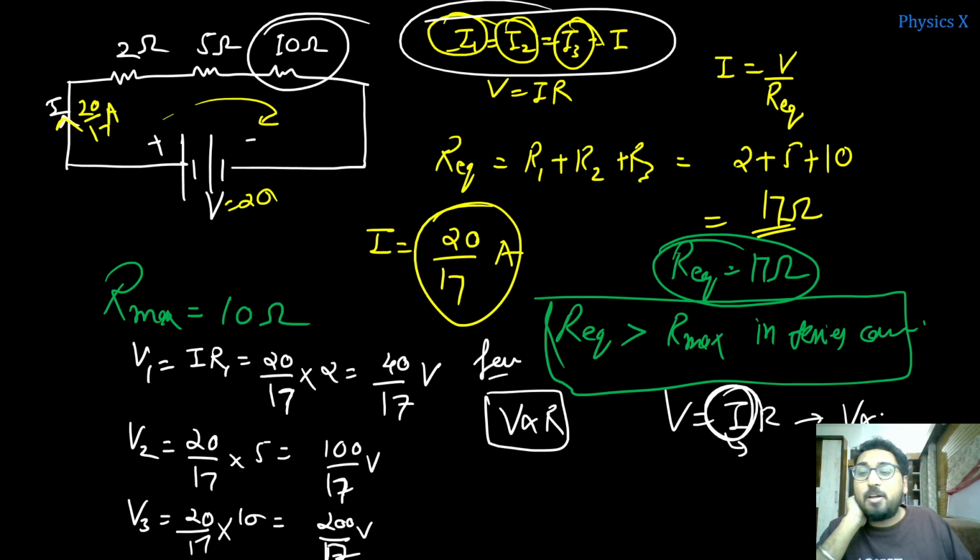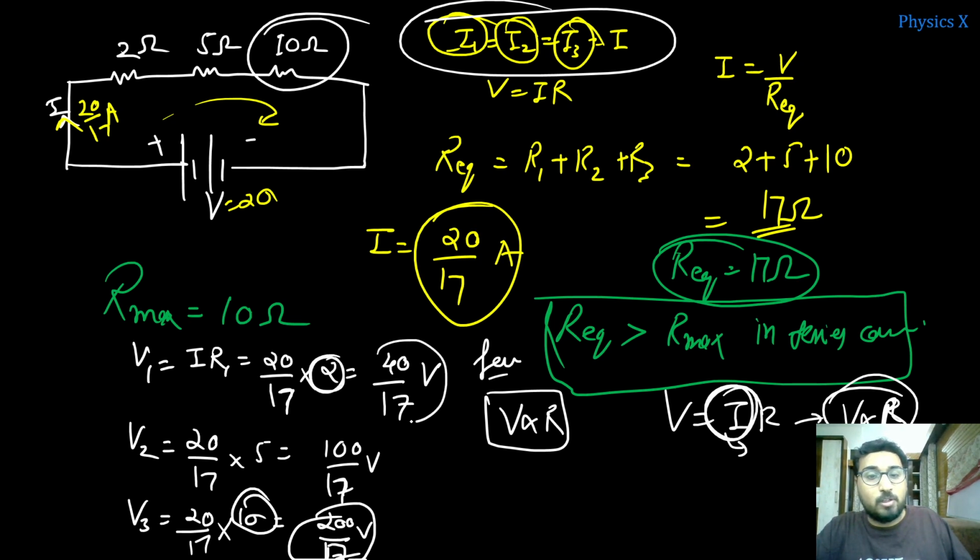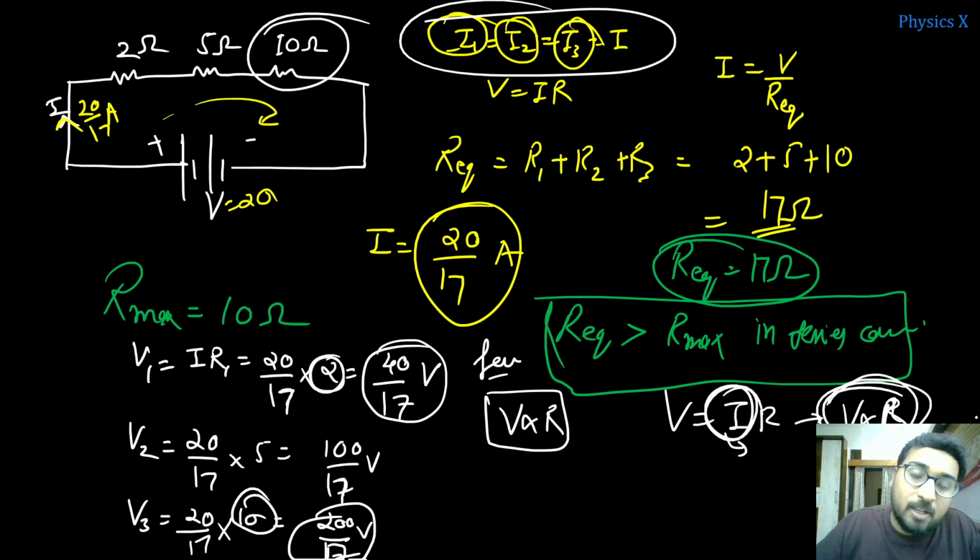That is why V becomes directly proportional to R. So you can see that the 10 ohm is the largest resistor, so across that, the largest potential difference is observed. And the minimum resistor is 2 ohm, so across it, the minimum voltage is observed. That is, V is directly proportional to R in a series combination. So that is another criterion which you can mark.